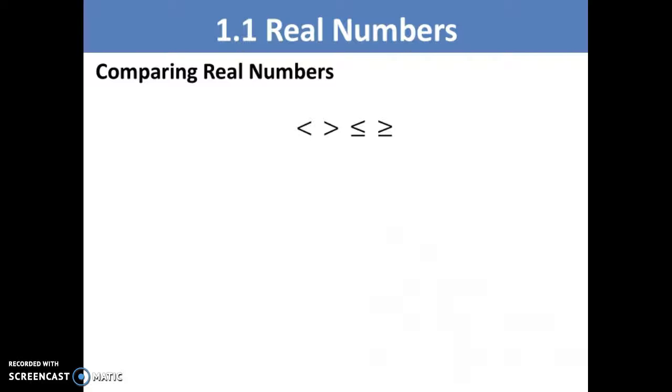They're combining the equal sign with the greater than or less than symbol. So what we get is greater than or equal to or less than or equal to. Greater or equal, because you see that solid line means it might be equal. And this one is less than or equal.